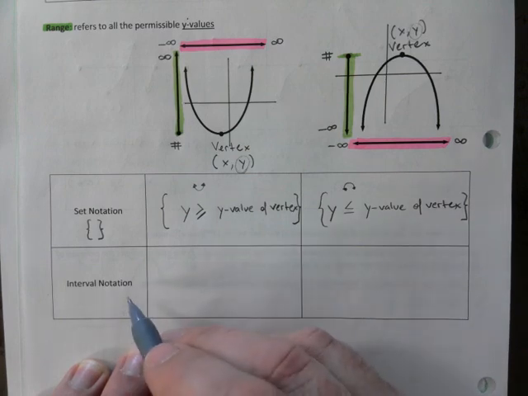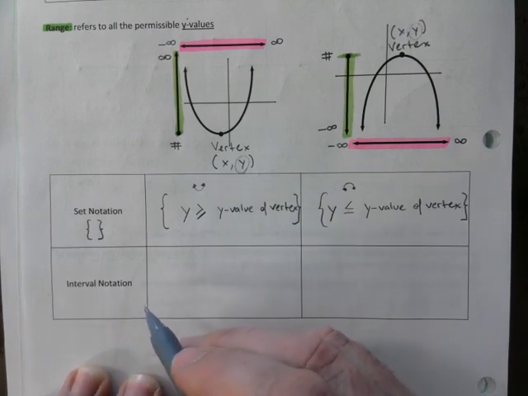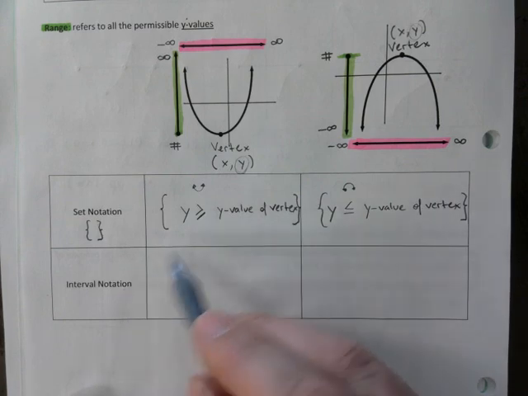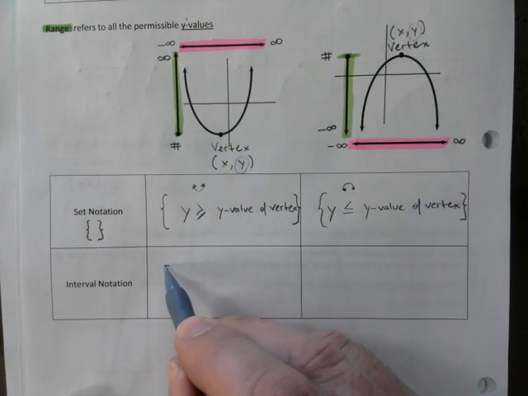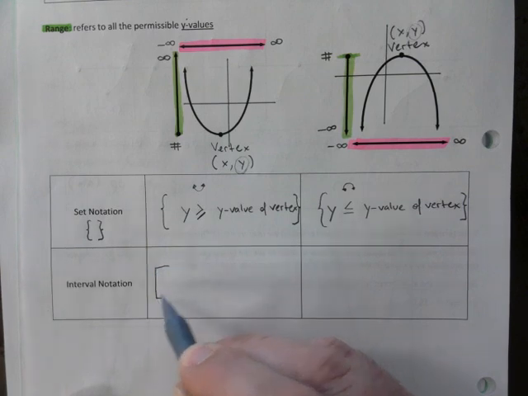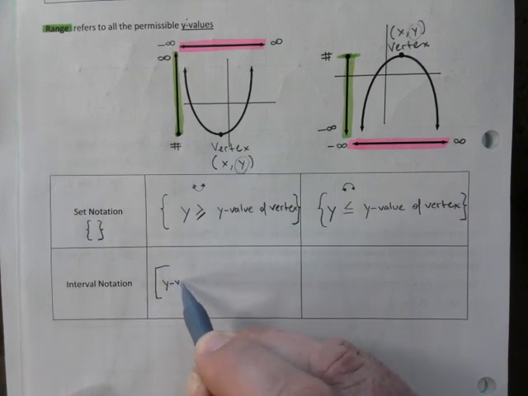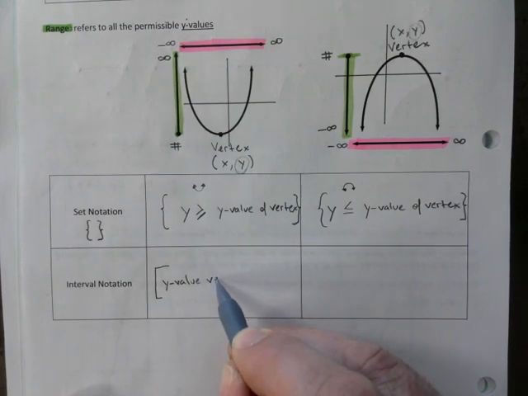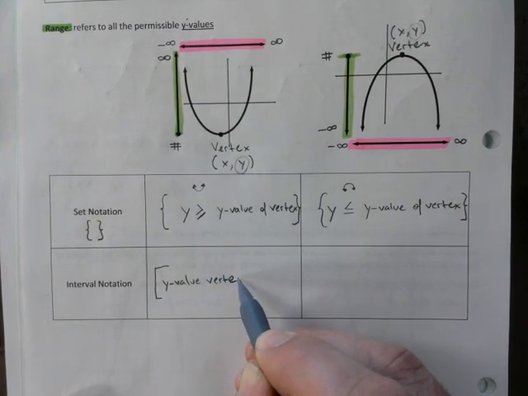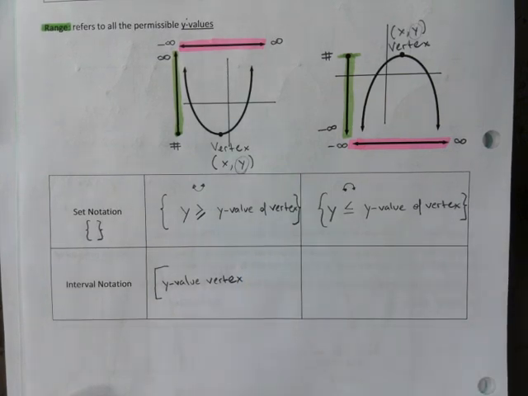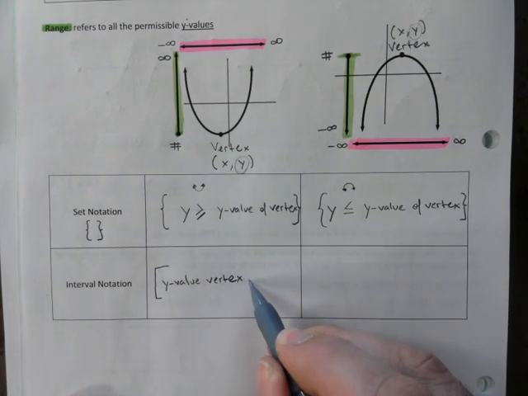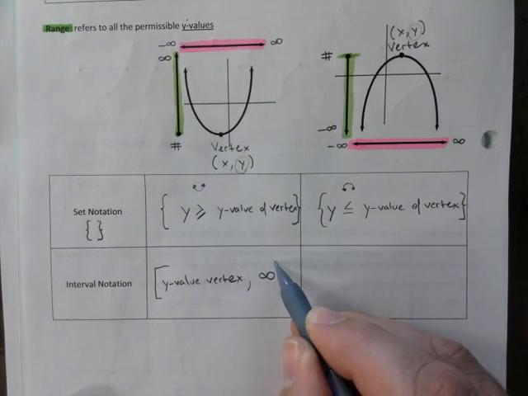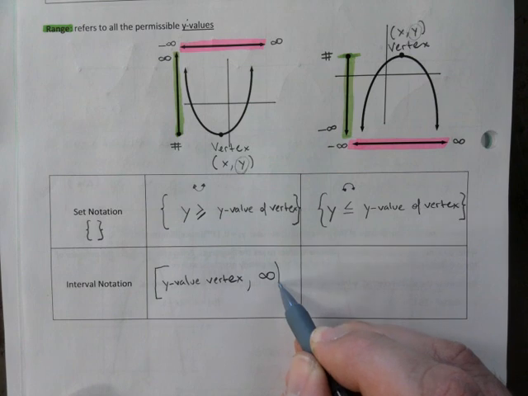Interval notation is different. In interval notation, when it's going up like that, you'll have the y value vertex all the way to infinity. And infinity cannot be included, so you have to have a round bracket.